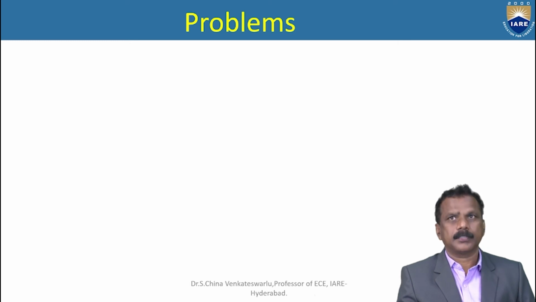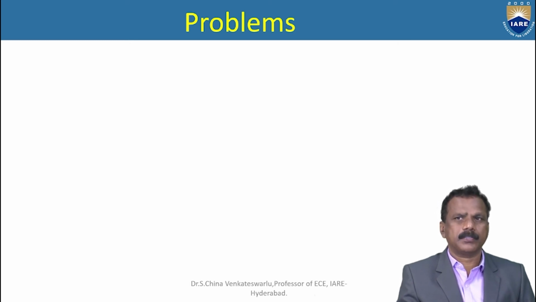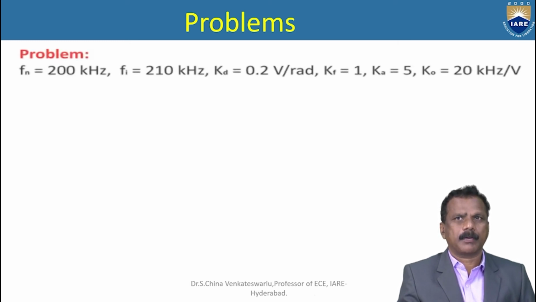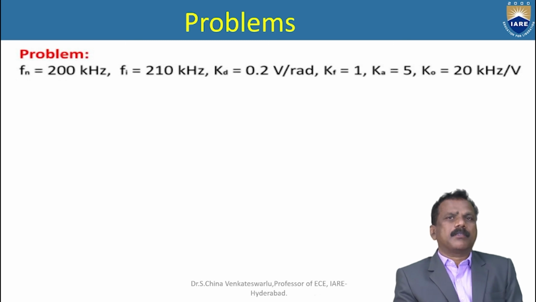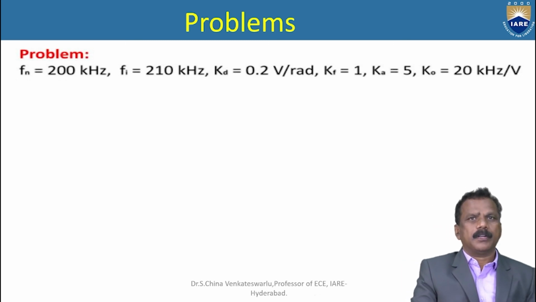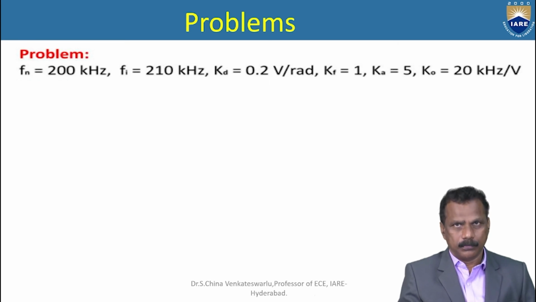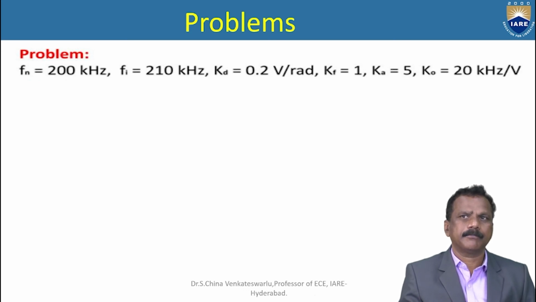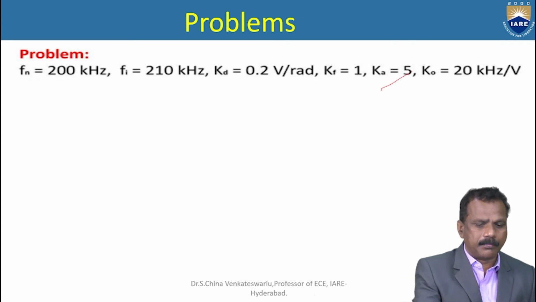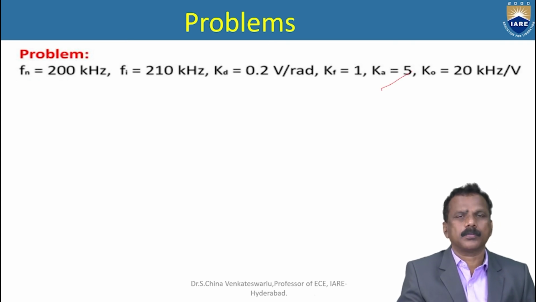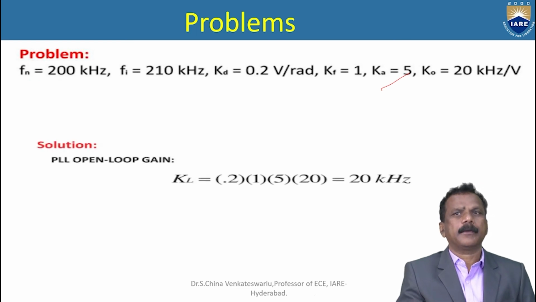So here you will see a simple problem on this. The problem is: Fn is equal to 200 kilohertz, Fi is equal to 210 kilohertz, and KD is equal to 0.2 volts per radian. Kf is equal to 1, K is equal to 5, K naught is equal to 20 kilohertz per volt.